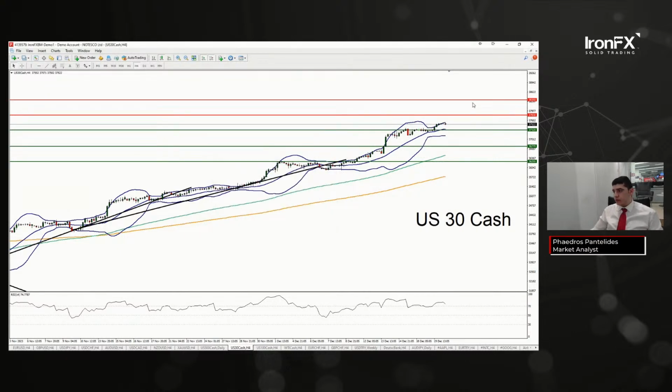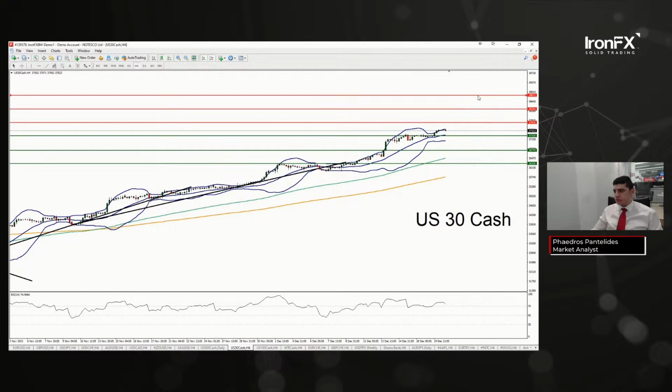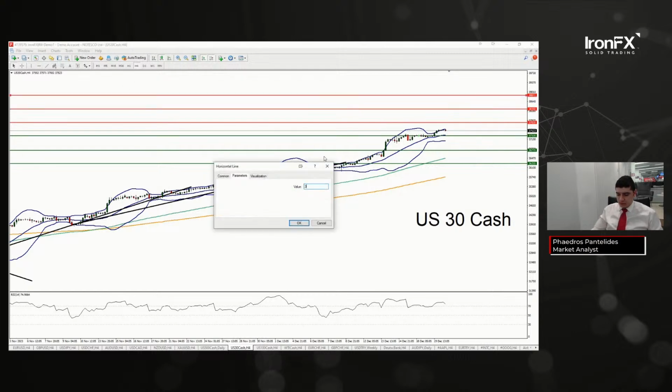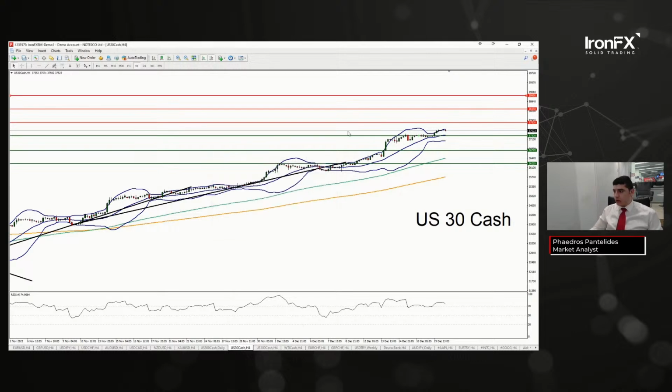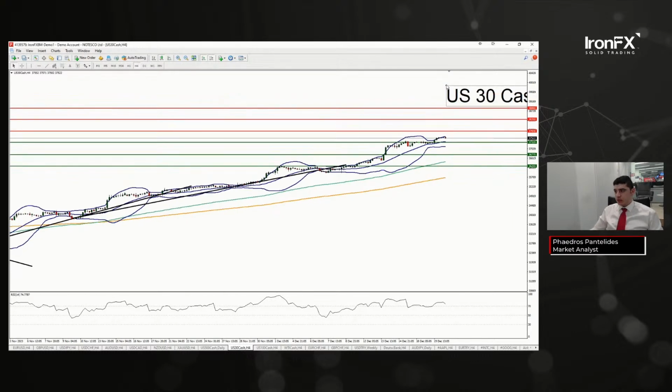That could be R2. 38,860. Could potentially be R3. So we've now placed potential resistance levels.